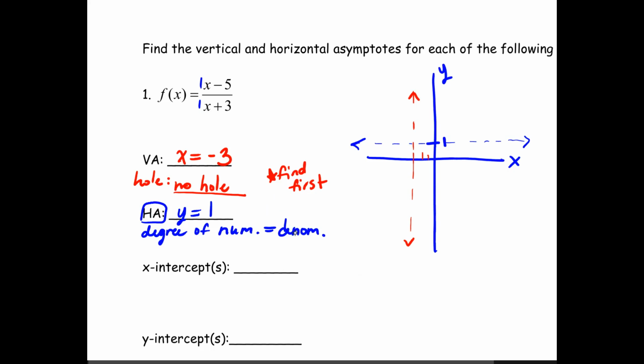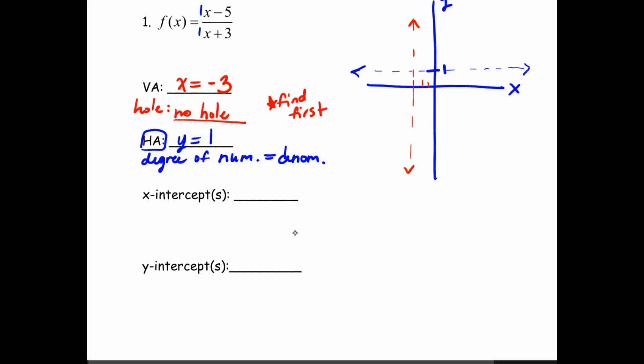The next thing I have to do is make a table to determine the behavior next to these asymptotes. And you will always be asked to find the x and the y-intercept, because those are important pieces of the graph. So how do we find the x-intercept? It's where y equals 0. So I'm going to set the function equal to 0, and I have x minus 5 over x plus 3.